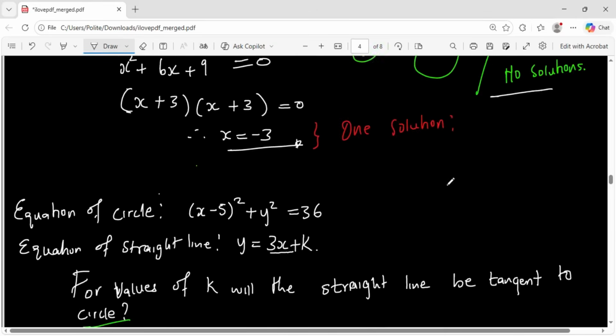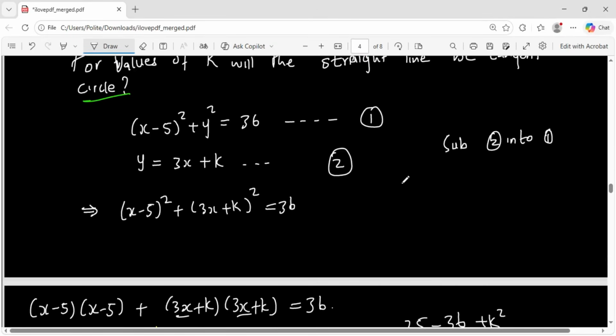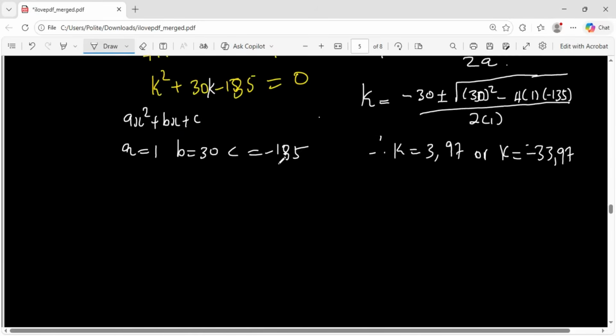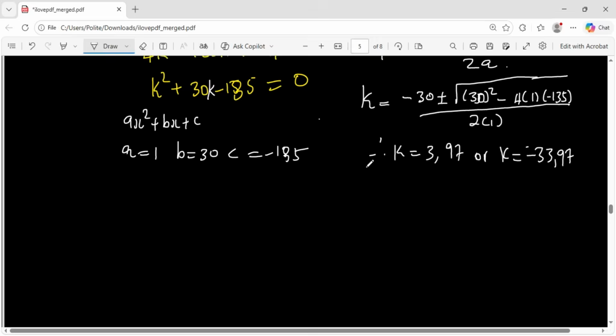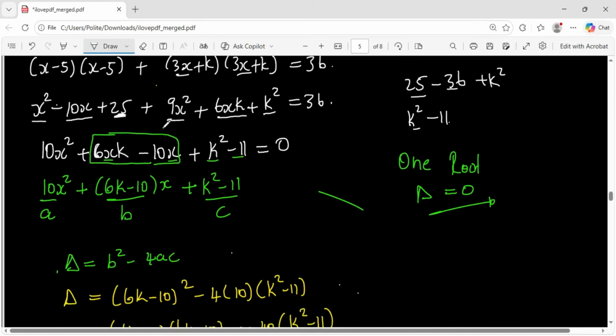The problem set: for which values of k will the straight line be a tangent to a circle. So in order for this to be a tangent of a circle, k must be 3.97 or k must be negative 33.97. You just have to go through everything that we did in the steps.